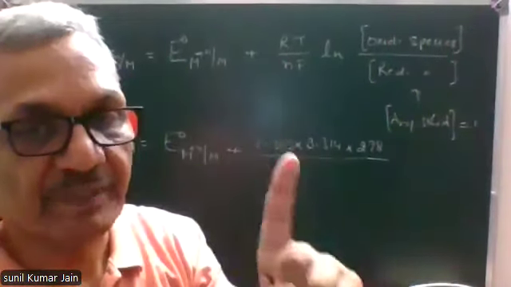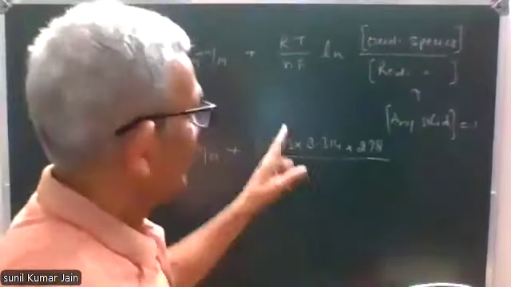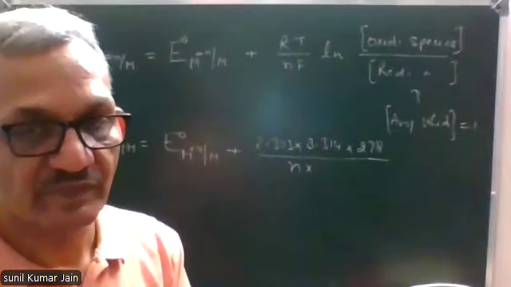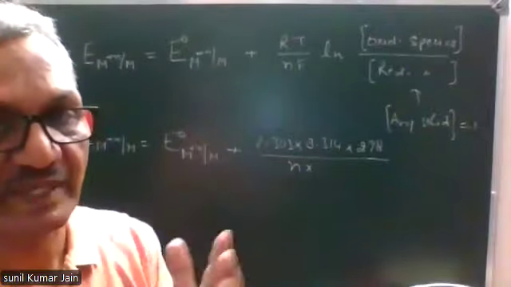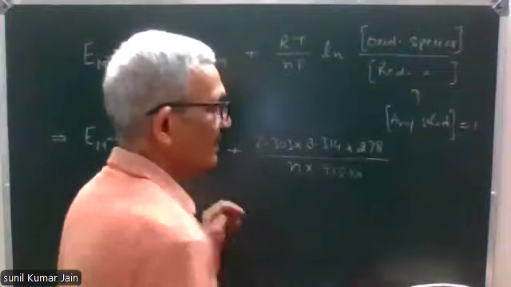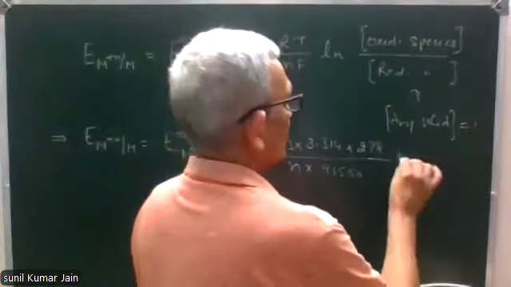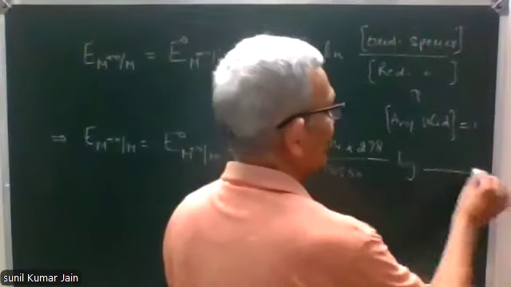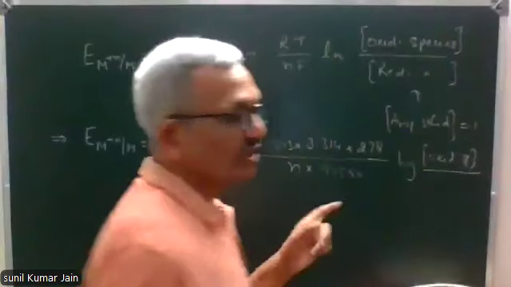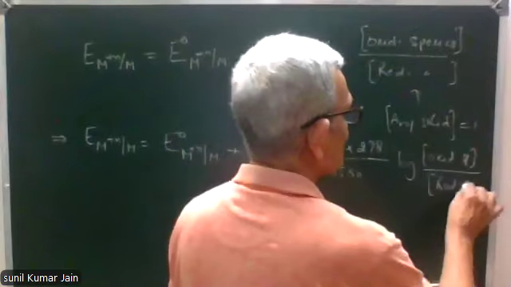But in case a temperature other than 25 is given, then you have to substitute accordingly. Divided by n, the number of electrons transferred, which I'll tell you when we take up the example as a numerical. F is the Faraday constant, 96,500 coulombs. Log, now this is log to the base 10, of concentration of oxidized species divided by concentration of reduced species.